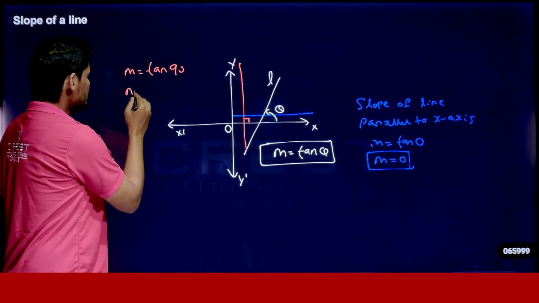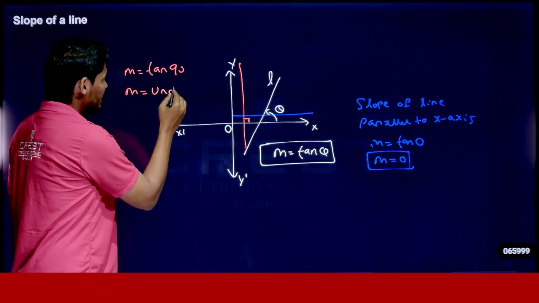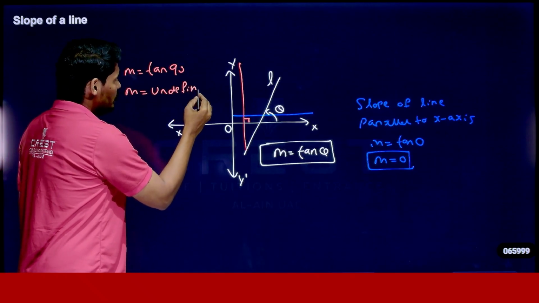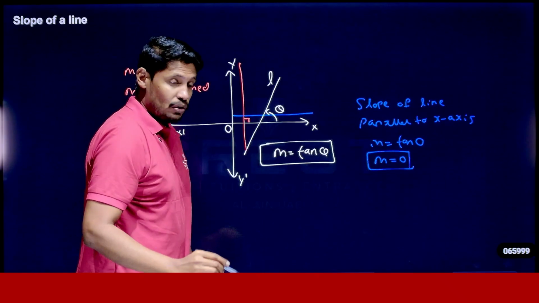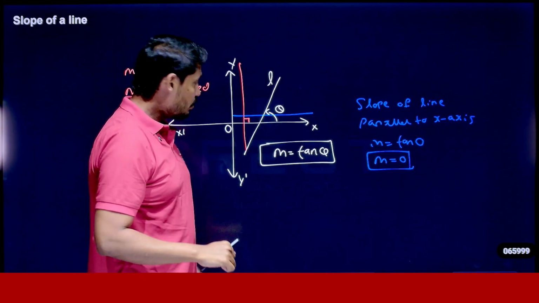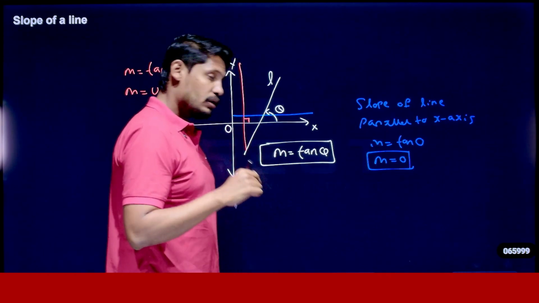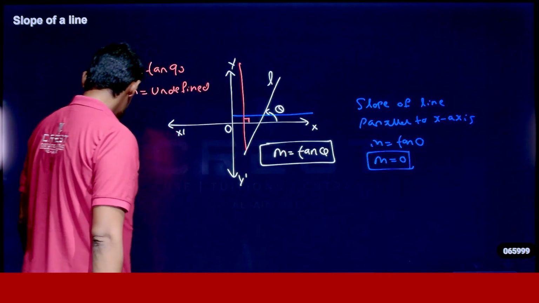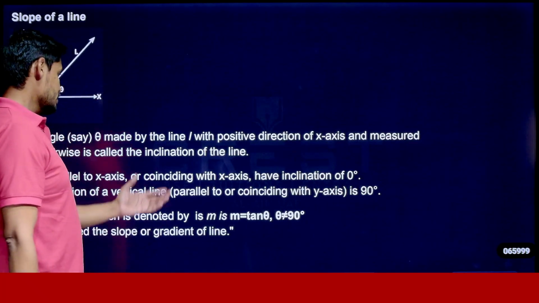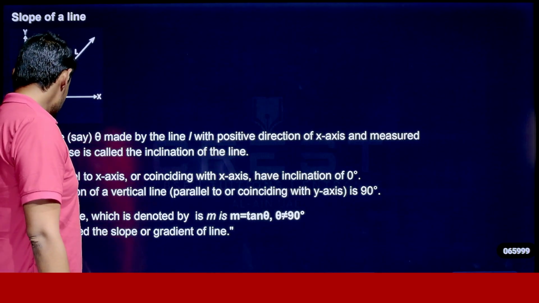So the slope is undefined. When the slope is undefined, what can you think? The line is a vertical line, that is, parallel to the y-axis or perpendicular to the x-axis. This is the definition we have already discussed.